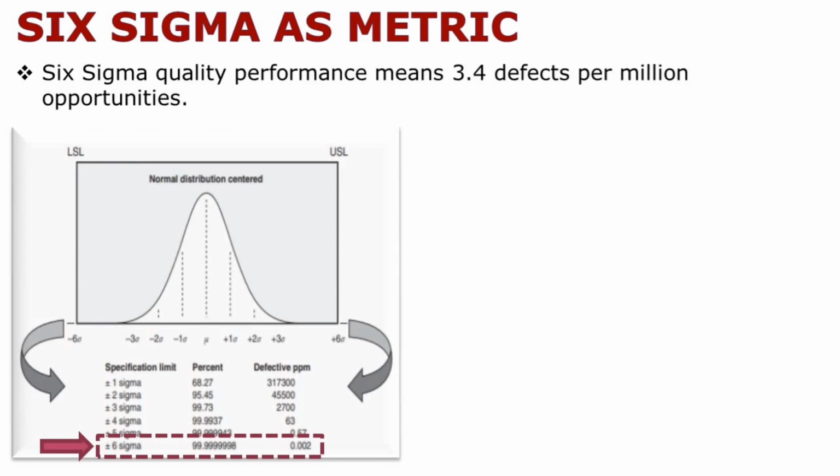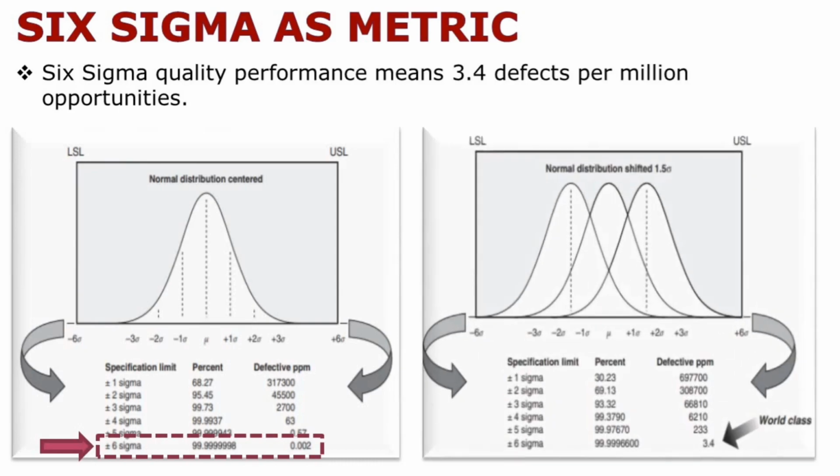However, in practical, long-term situations, we often consider a 1.5 sigma shift on both sides. This adjustment brings us to 99.9996% good products, which still signifies an exceptional level of quality with only 3.4 defective parts per million.